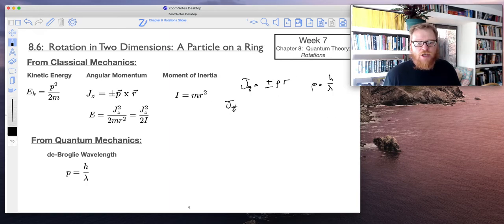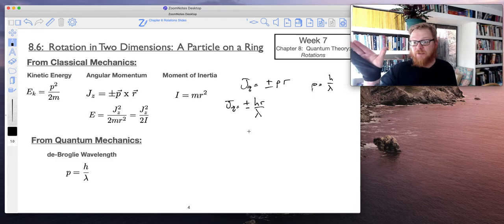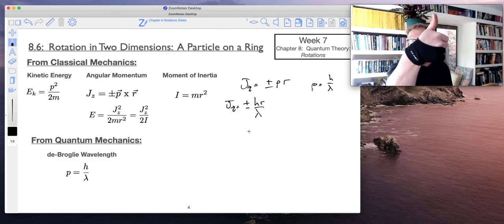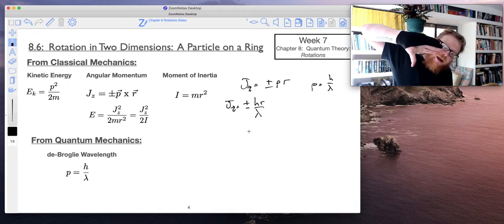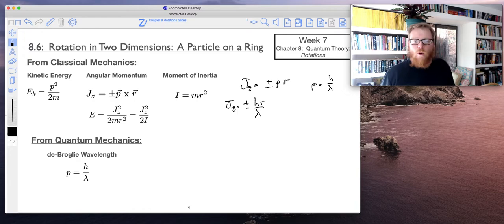So I can say Jz equals plus or minus hR divided by lambda. And again, plus or minus because I can be rotating in this orientation or I rotate in this orientation. So what is the wavelength for this thing?